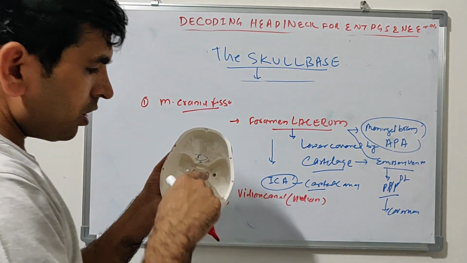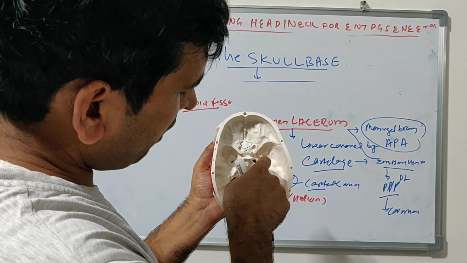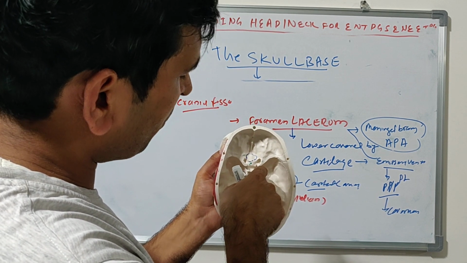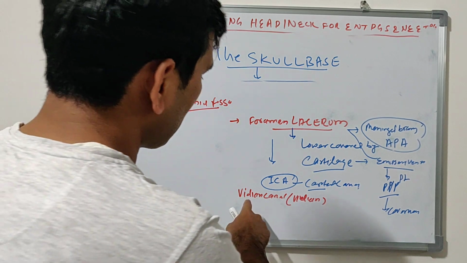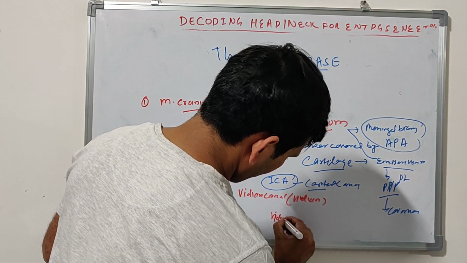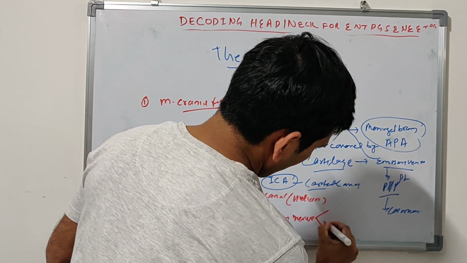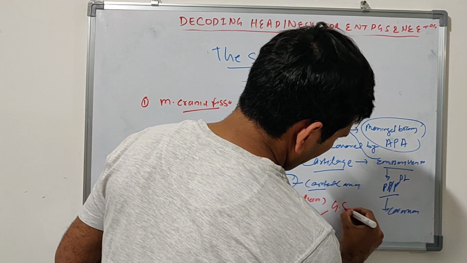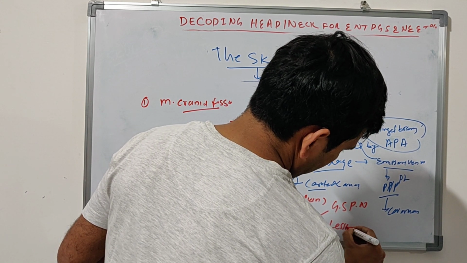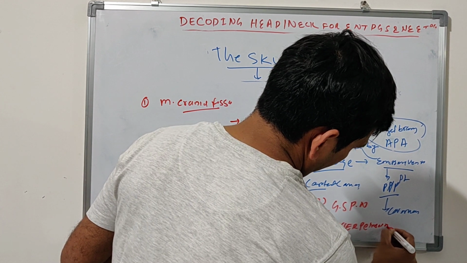Here you can see the lesser petrosal nerve, and one branch of the facial nerve's first genu, the greater superficial petrosal, forming the Vidian nerve. The Vidian nerve is formed by the greater superficial petrosal nerve and the lesser petrosal nerve.